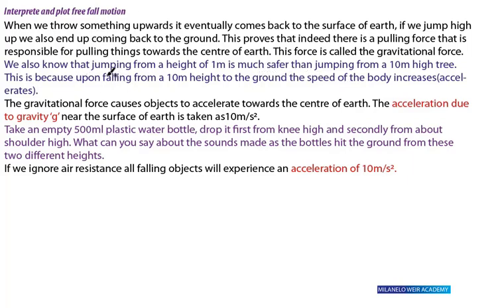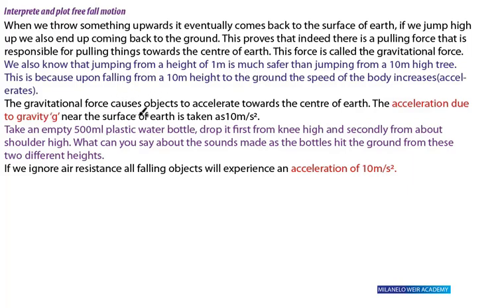So here is the reason. This is because upon falling from a 10-meter height to the ground, the speed of the body increases. So it accelerates. As objects fall, they accelerate, they increase in speed, right?